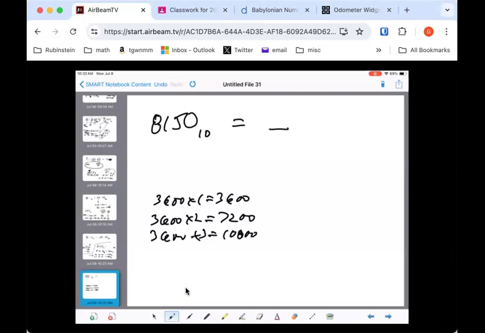Basically, what we're expecting is 3 base 60 digits. The reason why it has to be 3 digits is because the third digit is the 3,600th place.